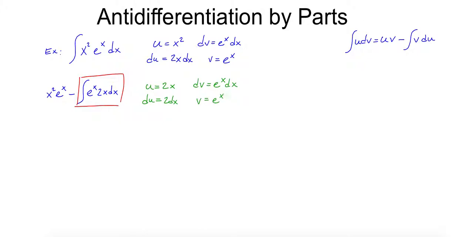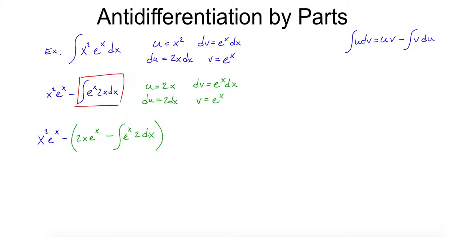Okay, so now as we plug this part into our formula, we still have our x squared e to the x minus, and I'll go back to using the green color here, we have uv, so that would be 2x e to the x minus the integral of v du. That's going to be e to the x times 2 dx.